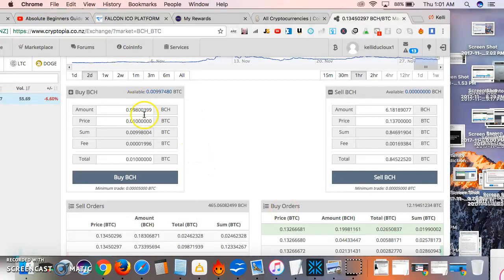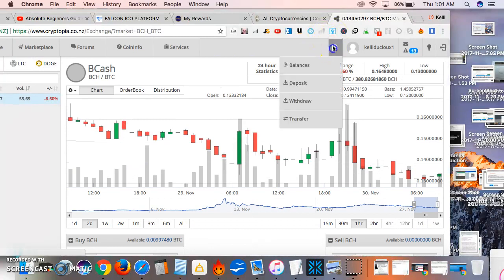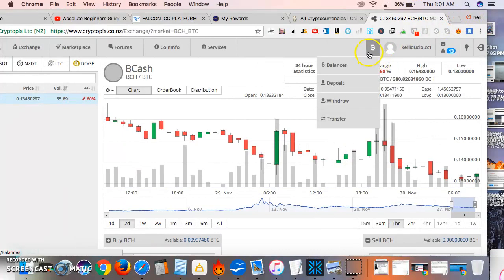Okay, cool. So I had to put the correct amount here if I'm going to enter it in myself. I'm going to have to put it in here. And so it took that, the one that was sitting right here, I put it in this spot, and I bought some BCH, and I still have 0.009 Bitcoin left to go ahead and buy something else. So first I'm going to go look at my balances and see what I have.